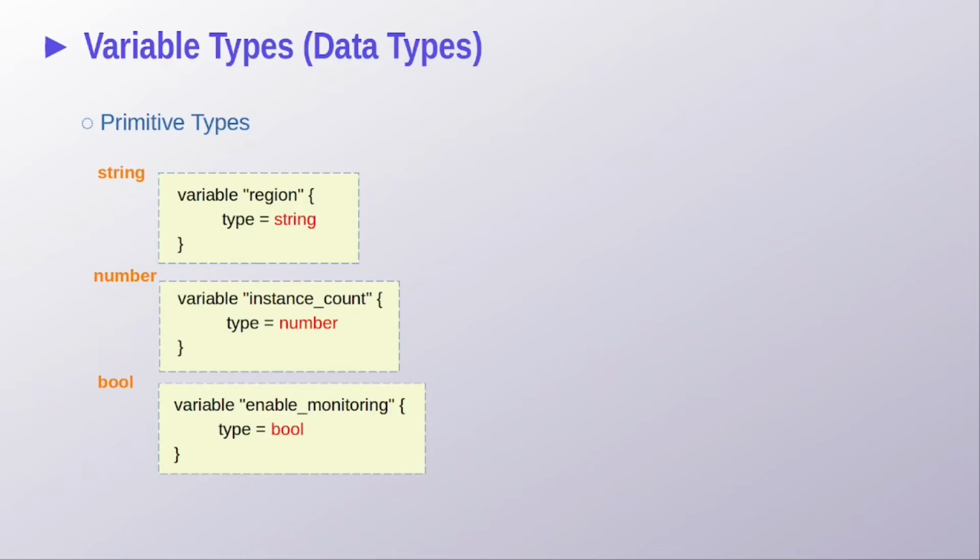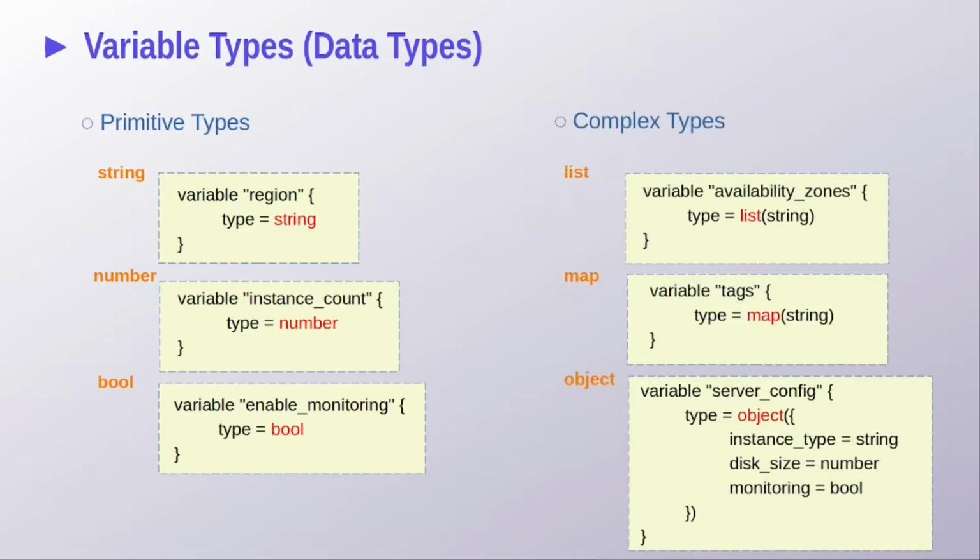Primitive types. String, used for text values. Number, used for quantity. And boolean, used to enable or disable features. Very useful for feature flags. Complex types.